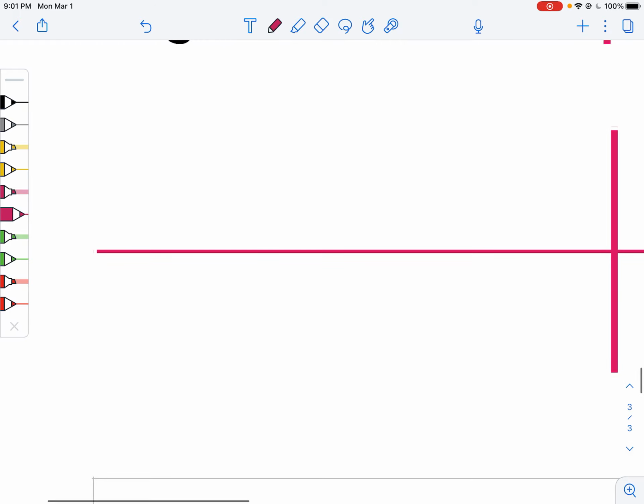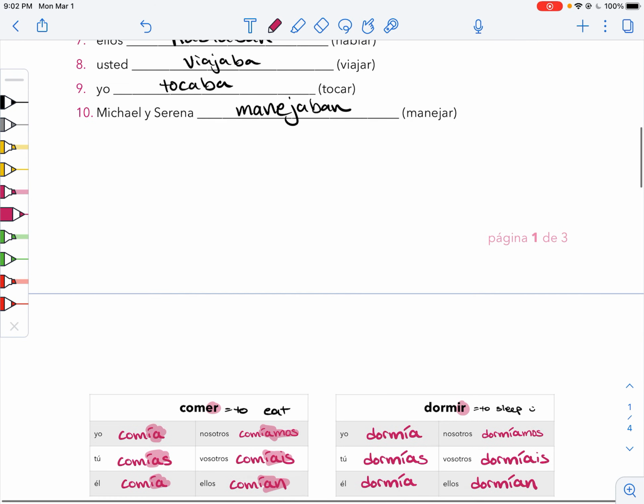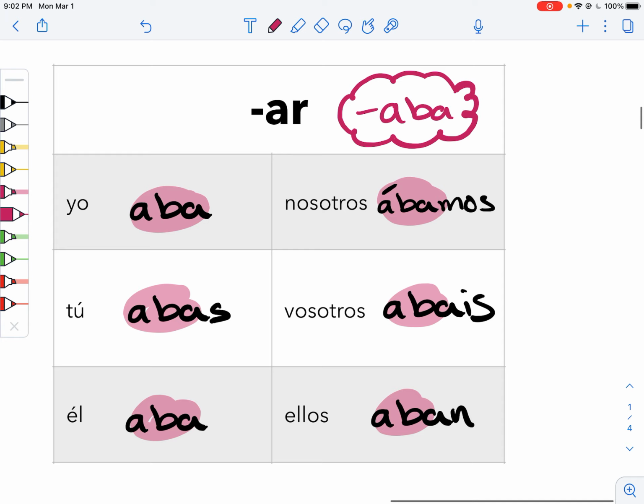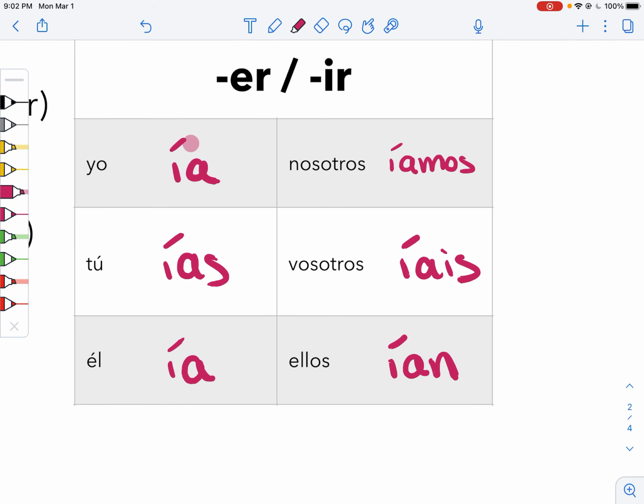First, we've got ir. Remember, ir means to go. Whenever you have ir, I'm sorry, we forgot something very important. Remember up here with our AR verbs, we have aba as kind of our root here. You add some endings after you change aba. And then down here at the er, ir verbs, we've got this ia, followed by whatever endings you needed to add.